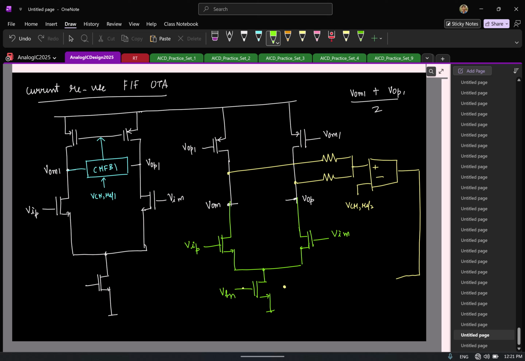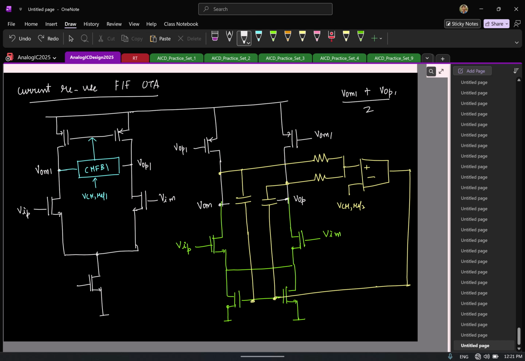What is the problem? Remember, this is one current source pushing some current, this is another current source pushing some current. They will not be equal. That's the whole point. The issue is you can't have two current sources connected in series because the intermediate node is not defined. That's the whole reason for having this entire loop. This is basically going back to your common source simple transistor biasing.